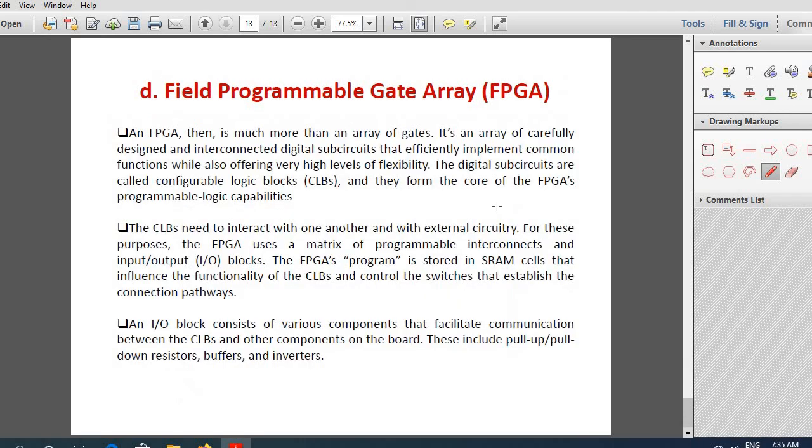What is the meaning of that? CLB means configurable logic blocks. Actually, that configurable logic block contains several digital sub-circuits. For example, one CLB may be an AND gate, but another CLB can be an adder. Another CLB can be a subtractor. So it can be gates, circuits as well.